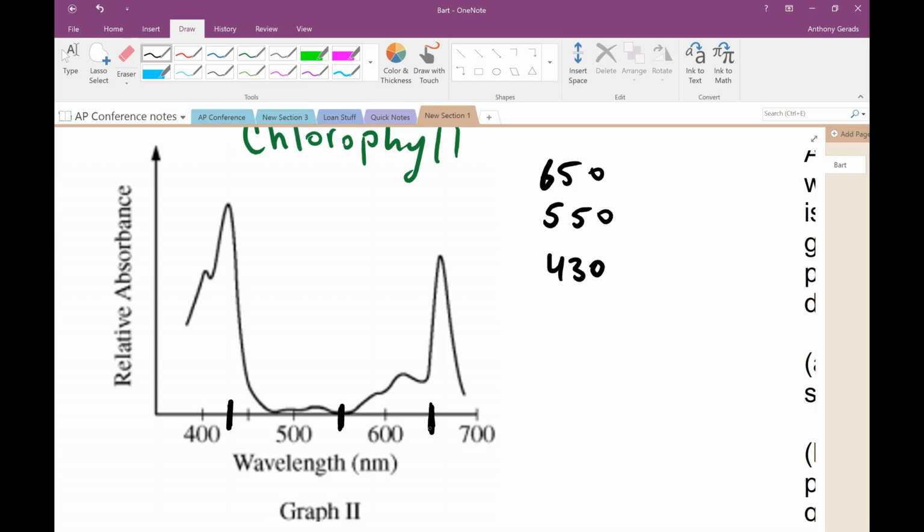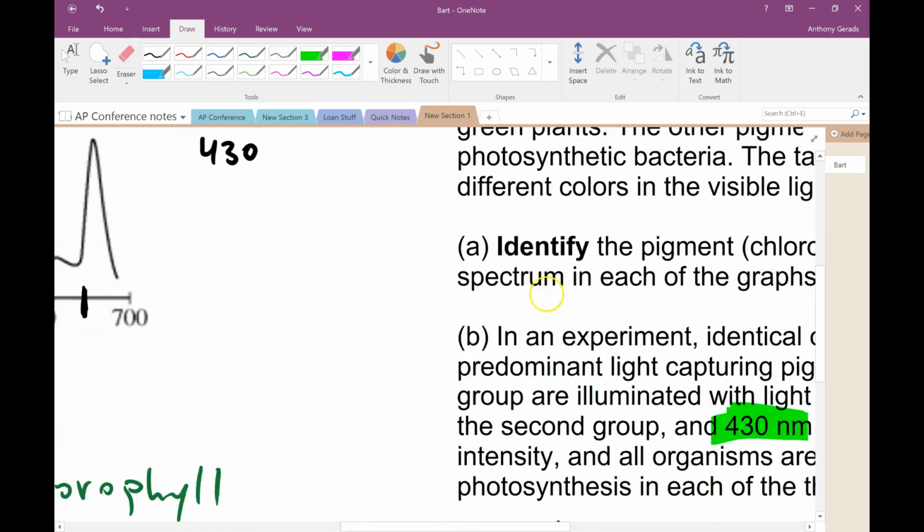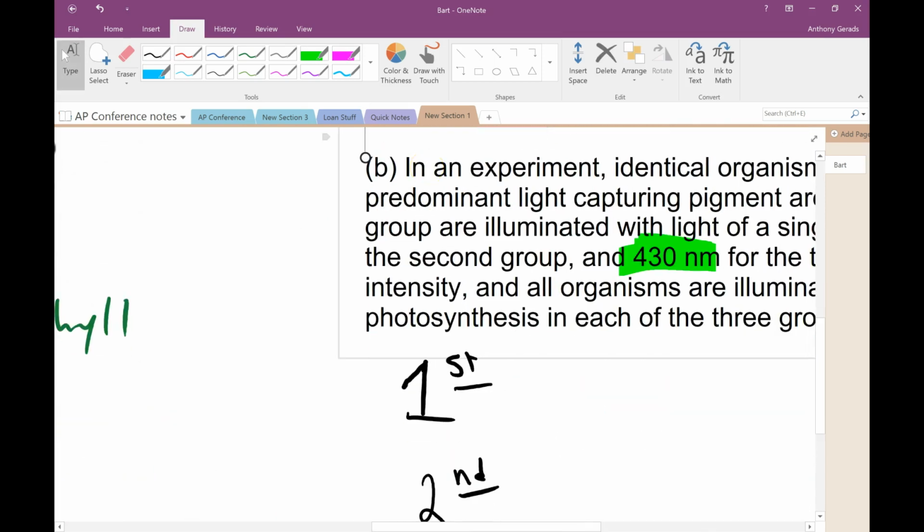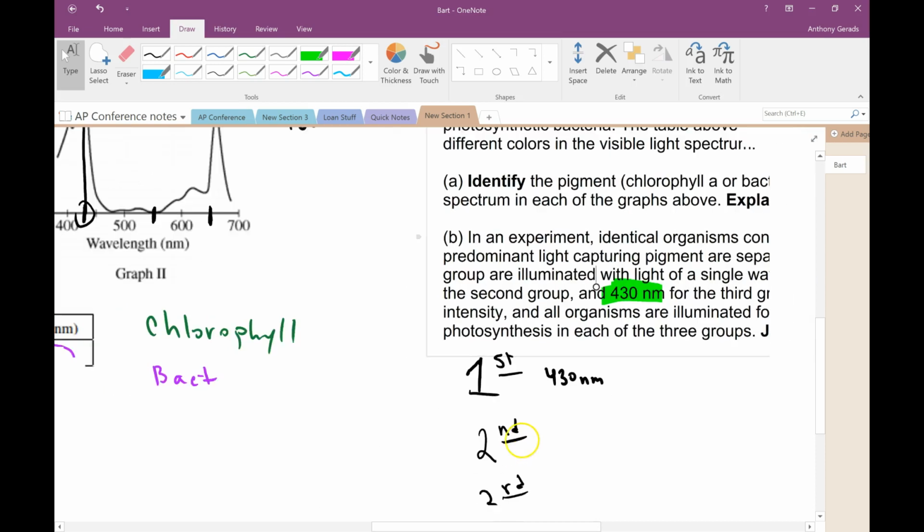Because it absorbs the most sunlight. This 430 will, because if you look at 430, it's absorbing a ton of light right there. So our first one would be 430 nanometers, because it has a very, very high amount of absorption at that wavelength of light.